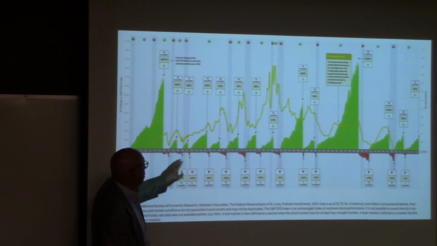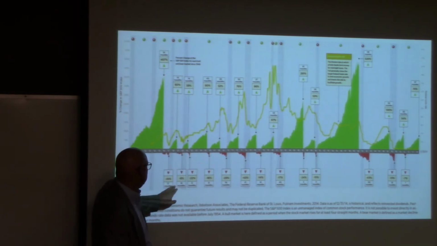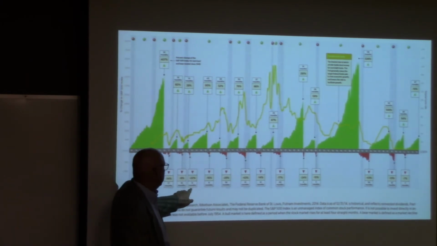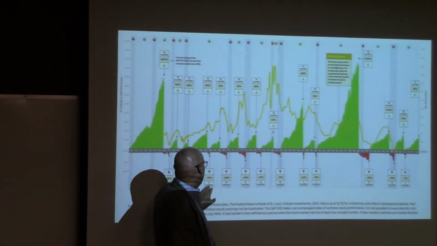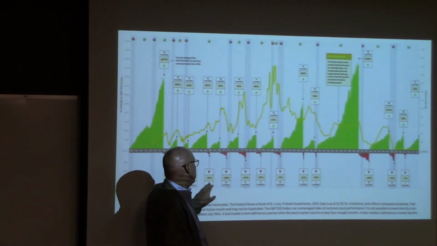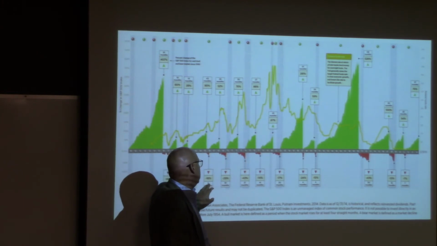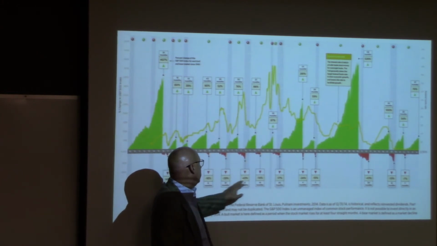So here are the bear markets down here. 15% decline, 17 months. 8% decline, 15 months. 22% decline, 6 months. 16, 29%. These all last short periods of time, between 6 months and 20 months. Okay? 43% decline.